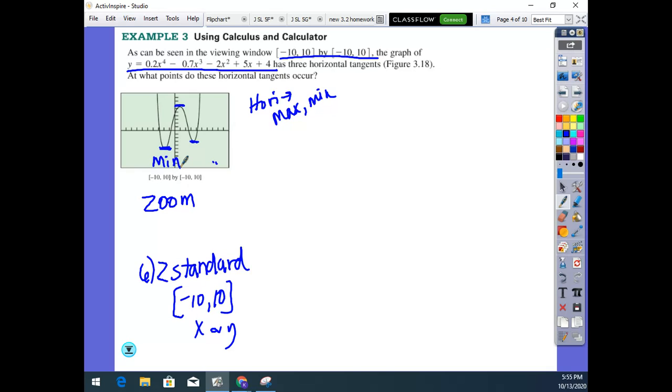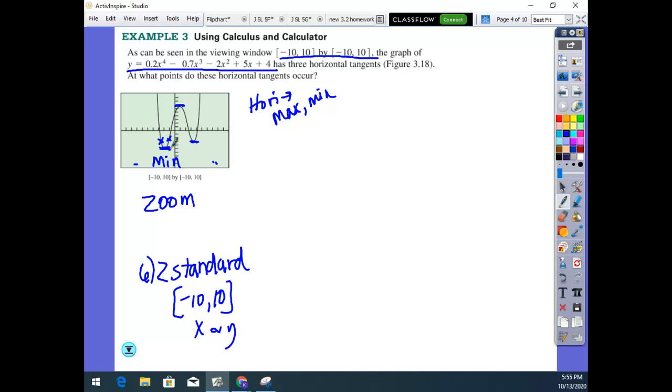Then you see in the lower left-hand corner, left bound. That means you need to be on the left side before it hits the minimum and push enter. Then it says right bound. Use your arrow, go around to the right side and make sure that your minimum is in between your left and your right bound. Then hit enter again.